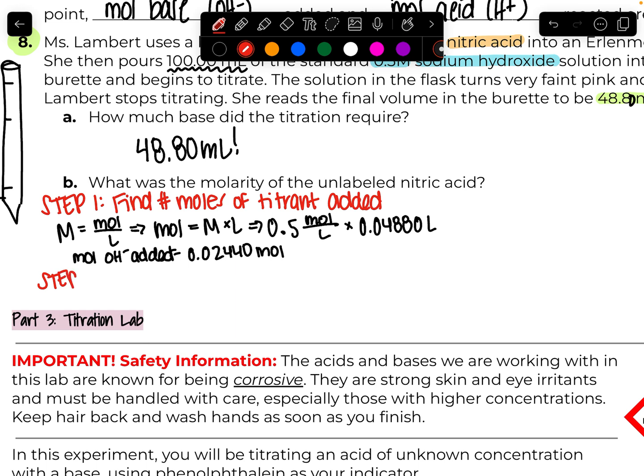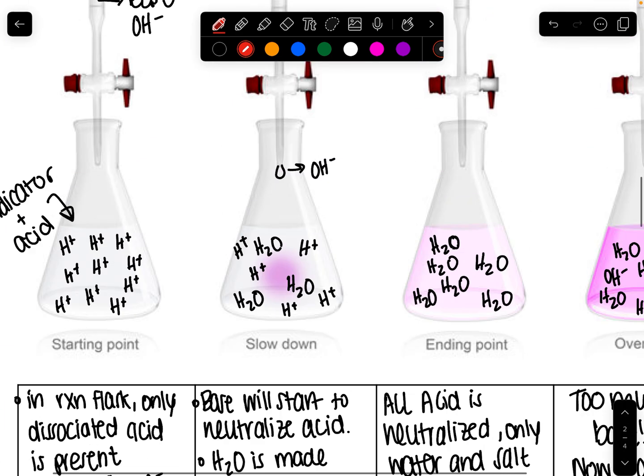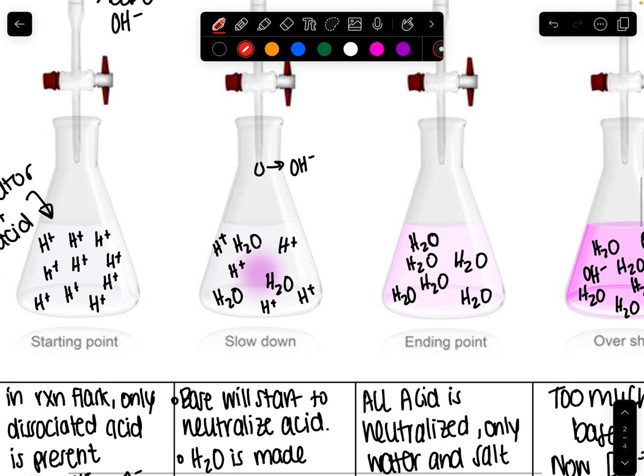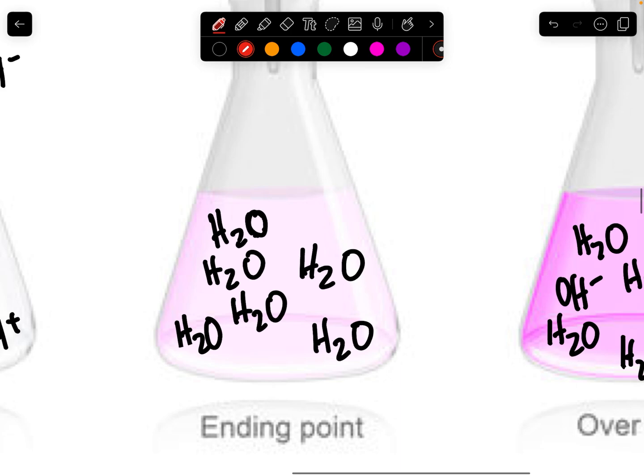Now step 2. After you've found the number of moles of base that you've added, you have to think about what this actually means, right? So after you've added in that amount of base, what do you have in your reaction flask? I added in base, my system is now light pink, so I'm at this point right here.